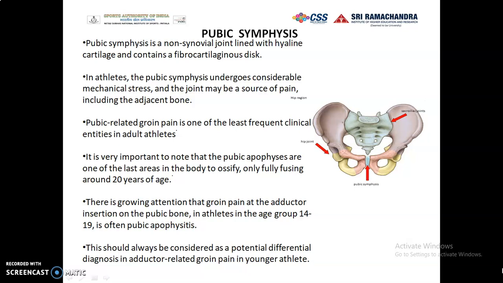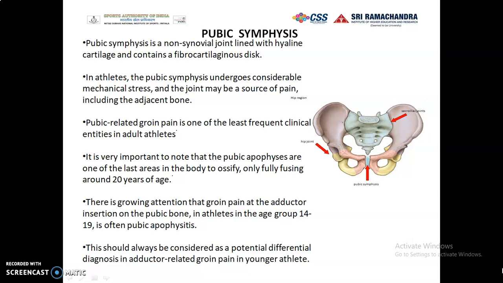It is very important to note that the pubic apophyses are one of the last areas in the body to ossify, only fully fusing around 20 years of age. There is growing attention that groin pain and adductor insertions on the pubic bone in athletes aged 14 to 19 is often pubic apophysis. This should always be considered as a potential differential diagnosis in adductor related groin pain in young athletes.